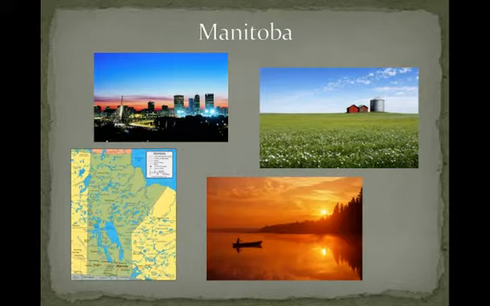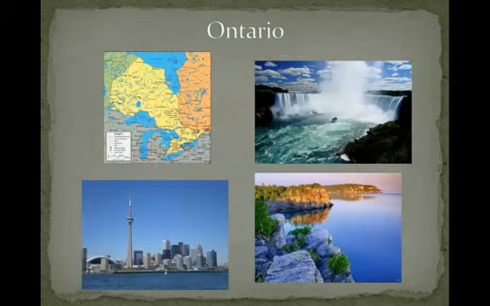Now Manitoba, you all probably know Manitoba for Winnipeg. I know a lot of people from Northern Ontario travel there, but there is lots more to Manitoba. On top of agriculture, tourism is also a booming industry here, and it's a very fast growing population in the Canadian provinces and territories.